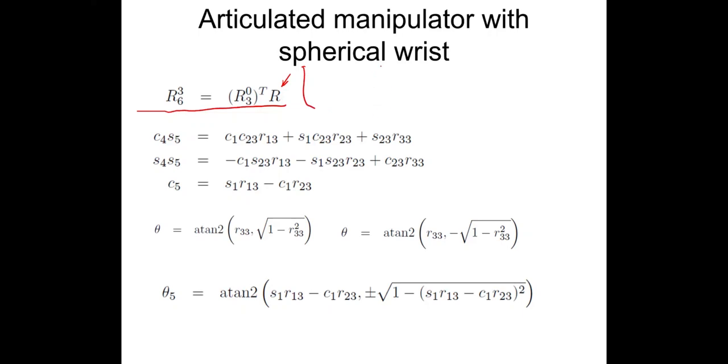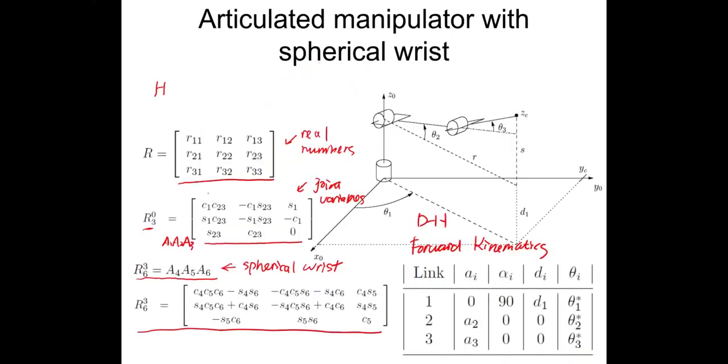In the previous slide, this is given as R11, R12, R13, and R21, R22, R23, and R31, R32, and R33. And this R30 is from here, right? This R30.